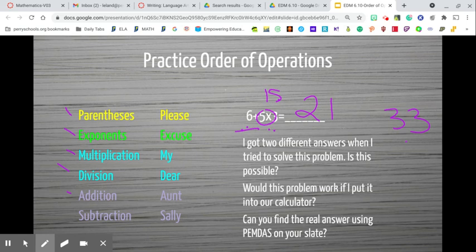Those are two completely different problems. If we put this into our calculator, it'll show 33. But we have to use the order of operations to walk through each step. And we know that we have to multiply first. So the real answer is 21.